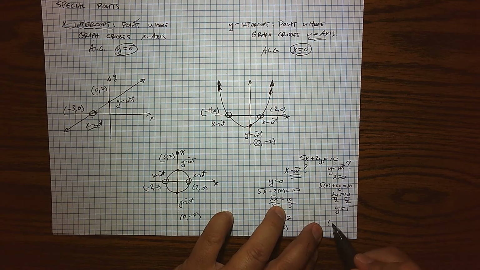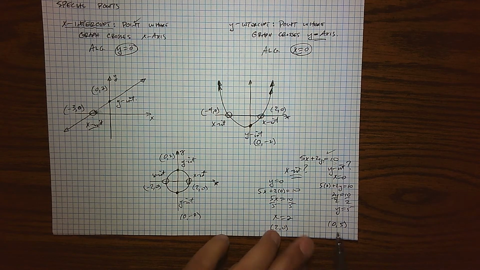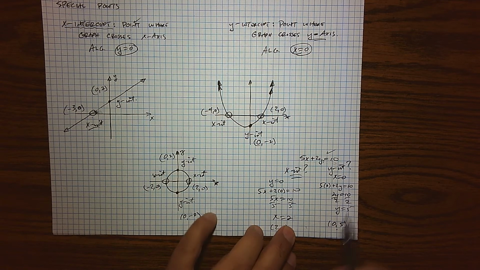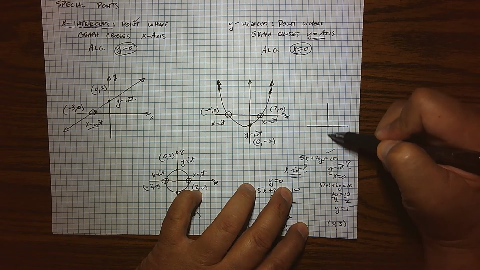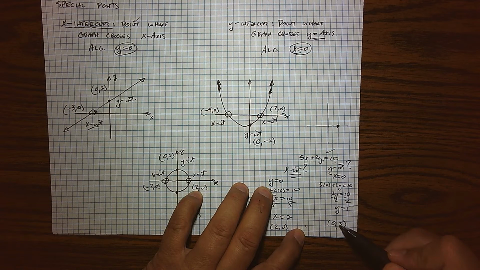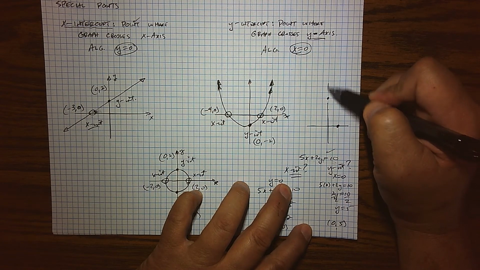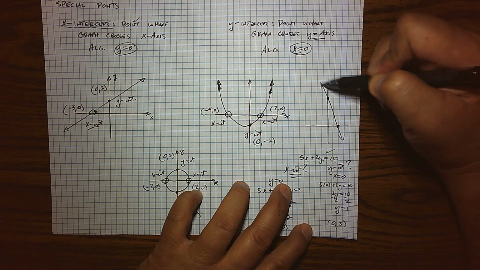And so this graph, whatever this equation looks like graphically, it's crossing the y-axis at (0, 5). All right? And so we can already start to get a really quick graph of this. Let me graph it real quick. So the x-axis we're crossing at (2, 0), and the y-axis we're crossing at (0, 5). And so I can already begin to see what that graph starts to look like.